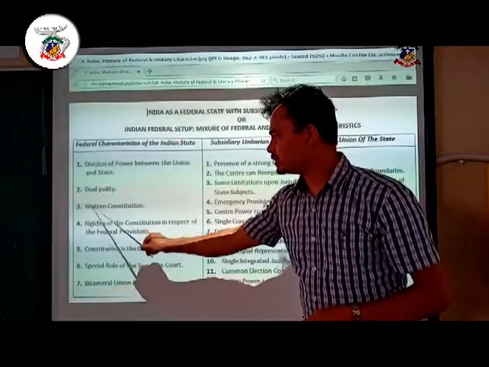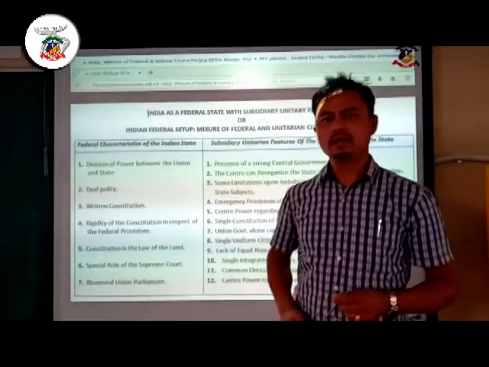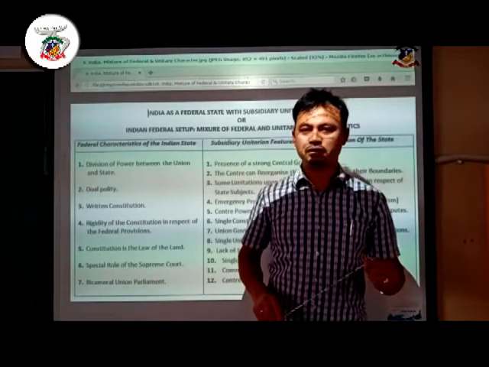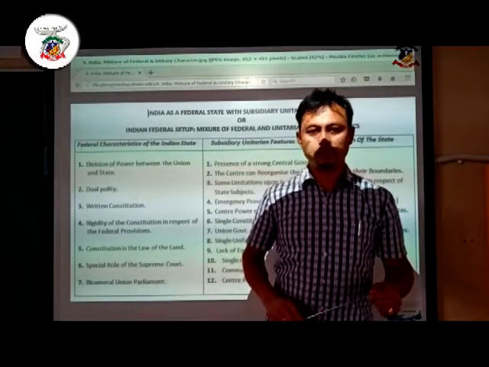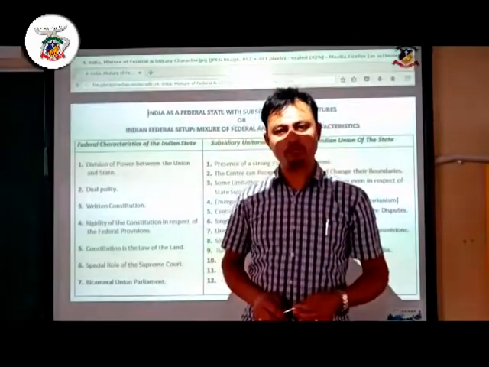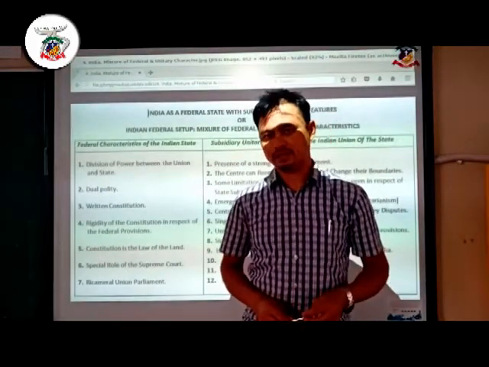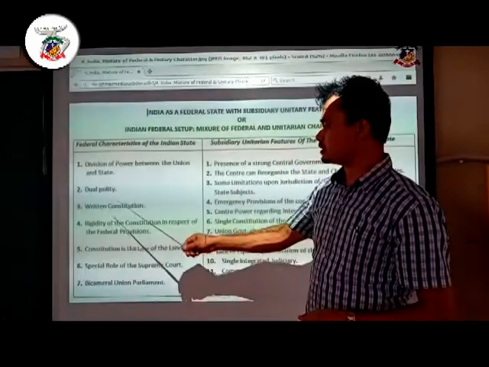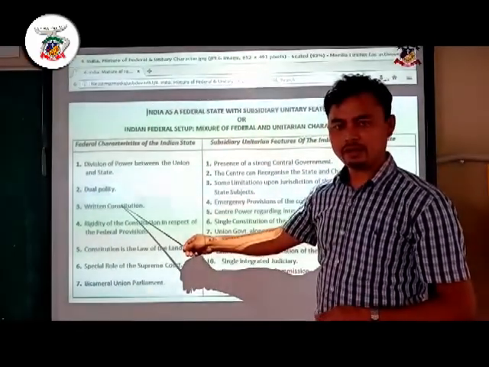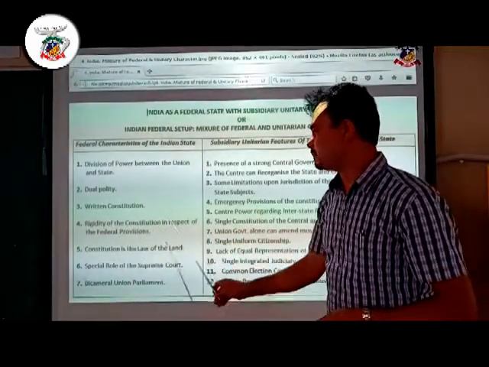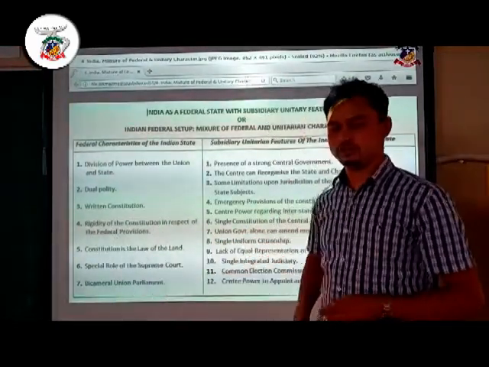Third one, written constitution. If there is a division of power, a written constitution is a must. Because if there is no written constitution, there could be dispute between the state and the center regarding the division of powers. So there has to be a written constitution, which is there in India. Fourth, rigidity of the constitution in respect of the federal provisions.